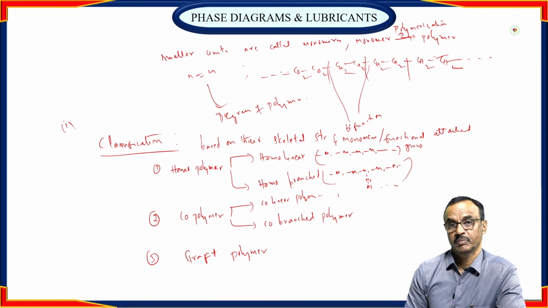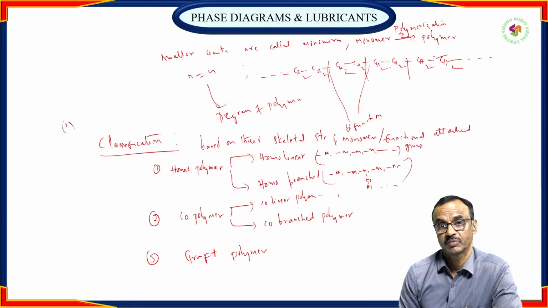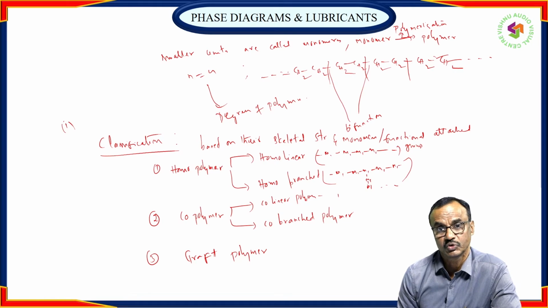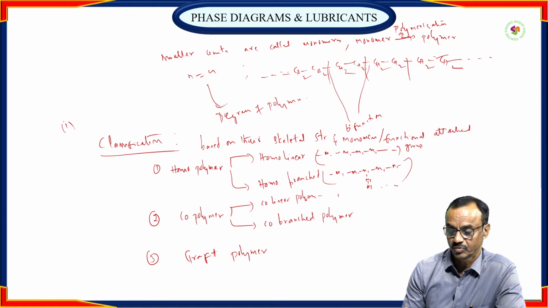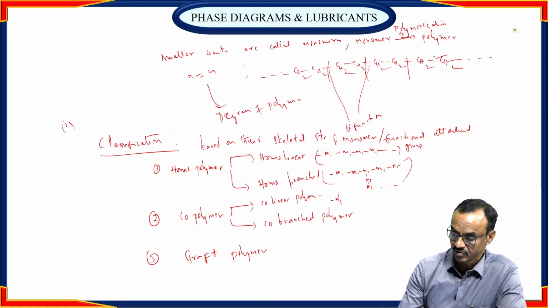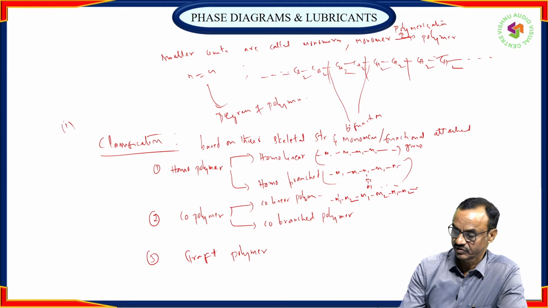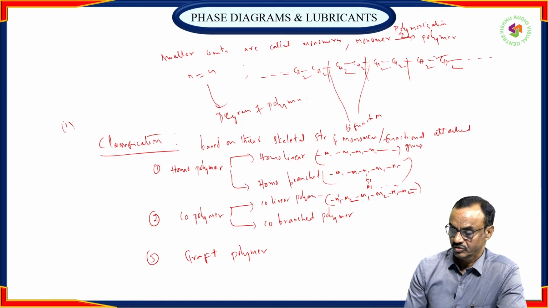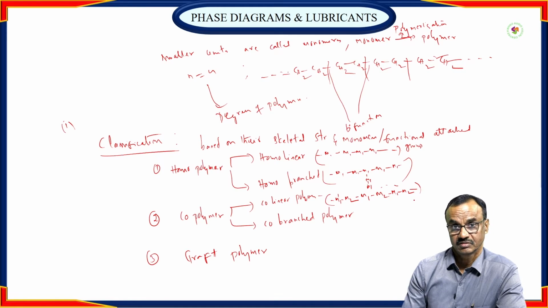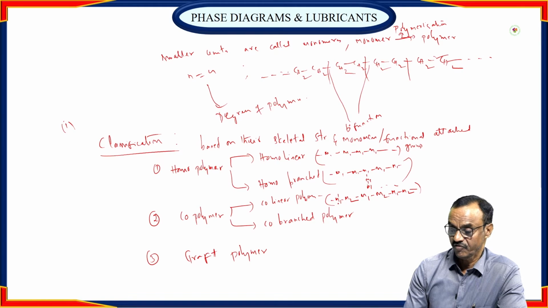3. Co-linear polymer consists of two different monomers. The polymeric chain consists of two different monomers, M1, M2, M1, M2, M1, M2, like this.